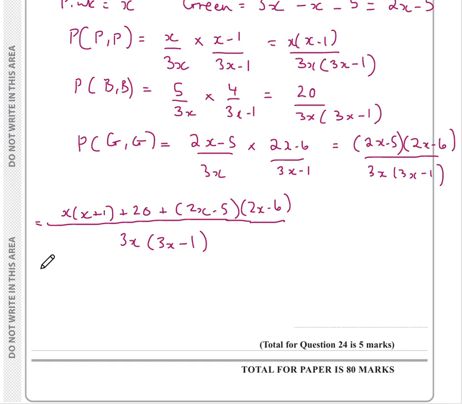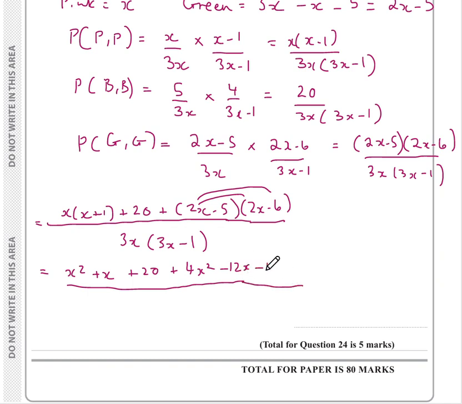Okay, let's simplify. Go down to the next line. So it's going to be x squared minus x plus 20 plus 4x squared minus 12x minus 10x plus 30.